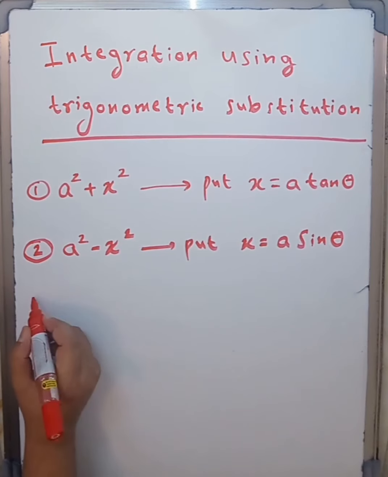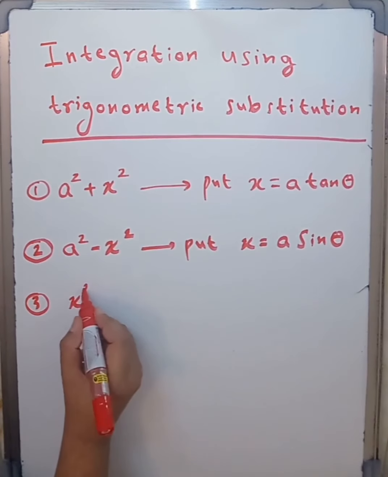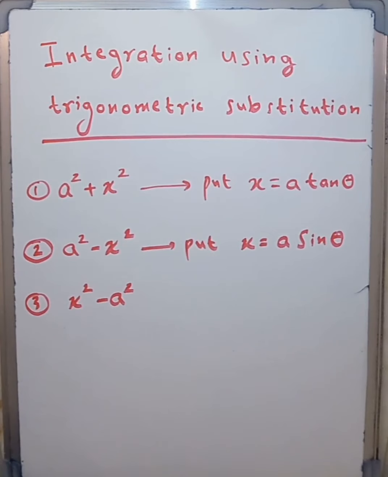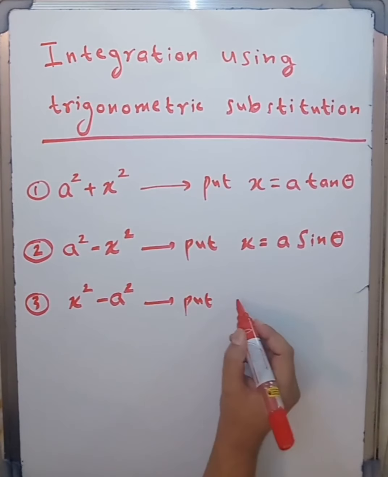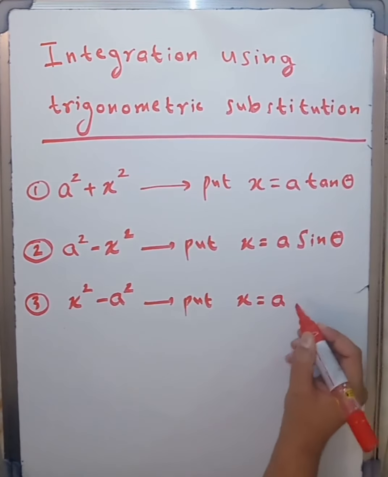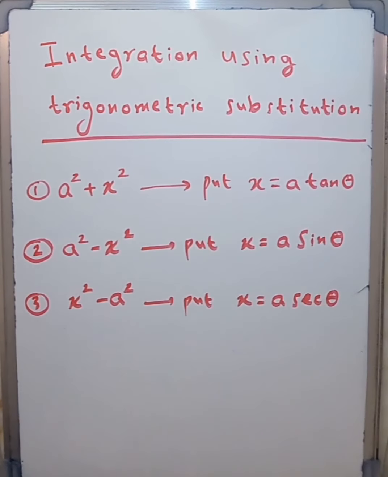And the third one is, if in the question we see x square minus a square, in such questions we substitute x is equal to a secant theta.